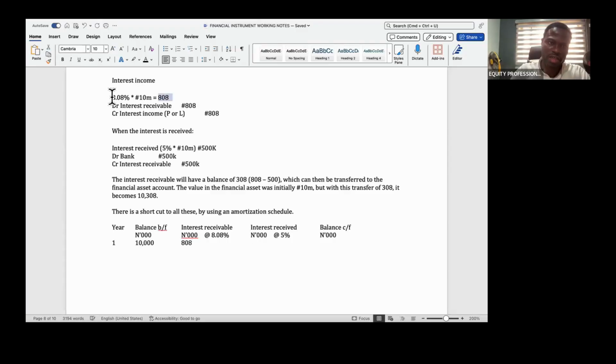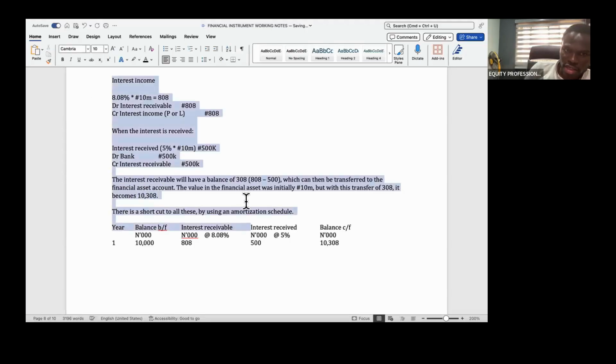This 808 here, I did 8.08% of 10 million, 808. This one is 5%. The interest you are receiving, 5% of 10 million, which is 500. The balance, by the time you add 10 plus 808 minus 500, you have that 10,308, which is here. So this one is a little bit faster than this, even though this one is better because you use this to understand this table.